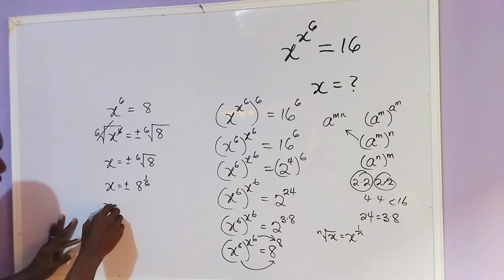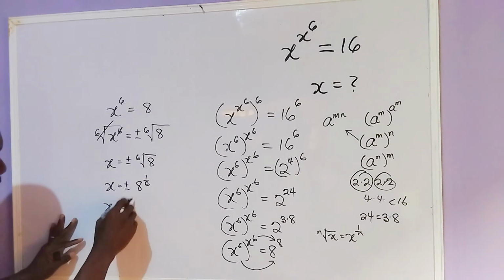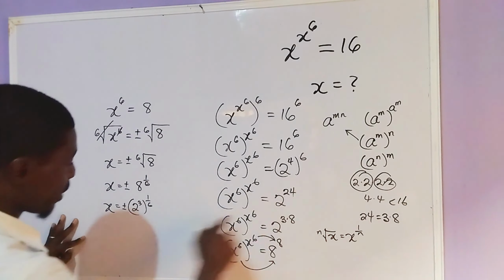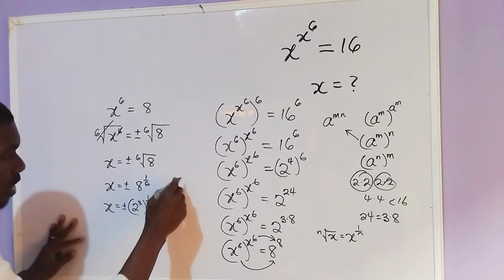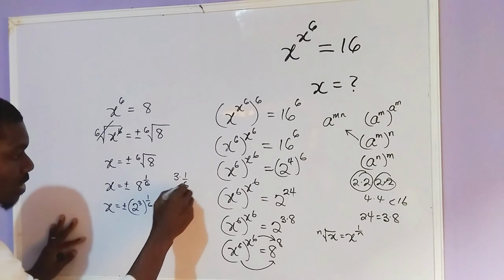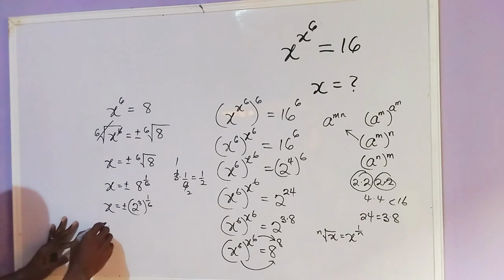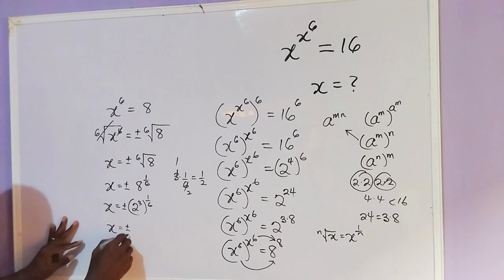We have x equals plus or minus 2 raised to the power of 3, raised to the power of 1 over 6. According to this rule, we can multiply the exponents. That will be 3 times 1 over 6, which gives us 1 over 2.